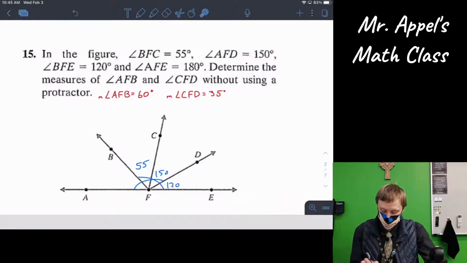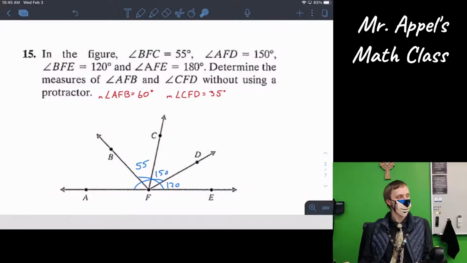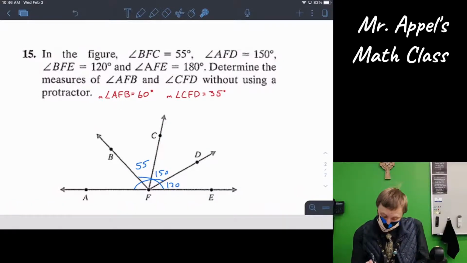So then we have to calculate, okay, what would be AFB? You would take this minus that, right? A little bit of subtraction work there, or actually for AFB, you would just take 180 minus the 120, sorry. I even confused myself.